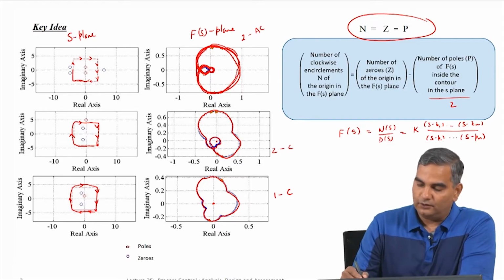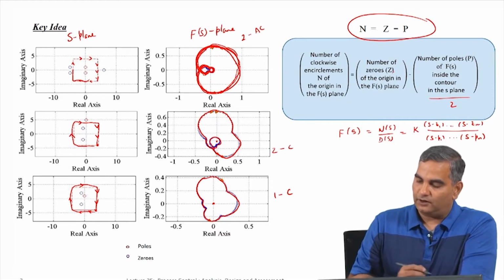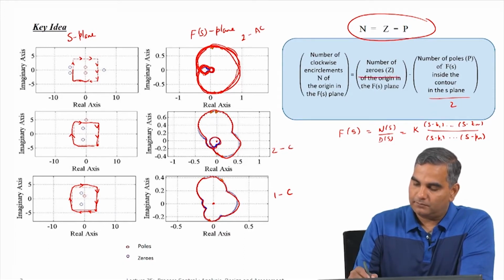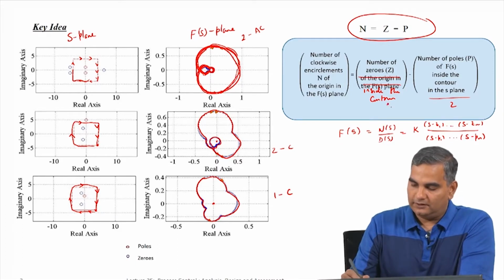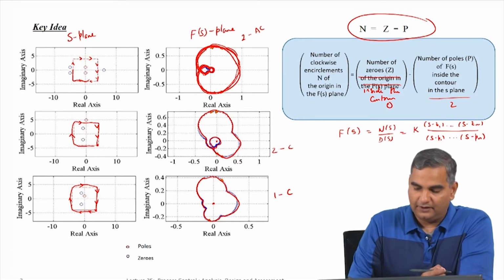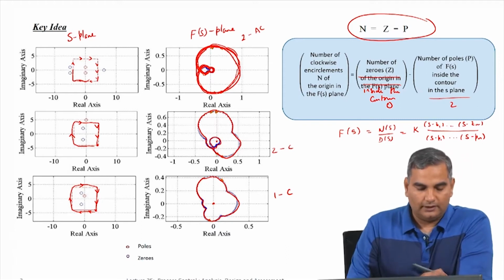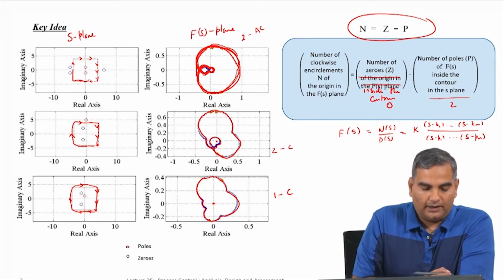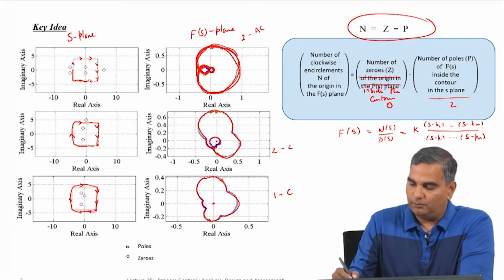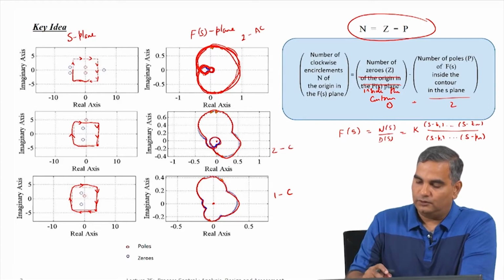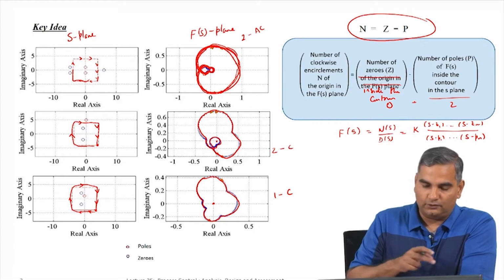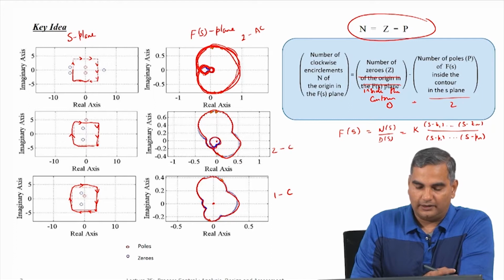So, the number of zeros inside the contour is 0 in this case, because while f of s itself has zeros, inside the contour we do not have any 0. Okay. So, this is 0 minus 2, and you will get this number as minus 2. So, n equals 0 minus 2, which is minus 2. So, that is 2 anti-clockwise encirclements.